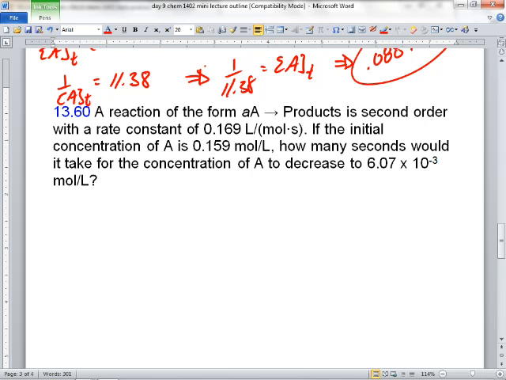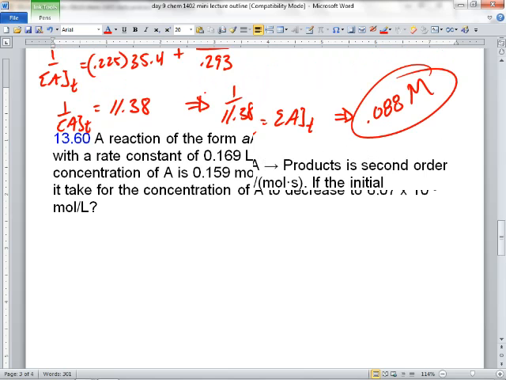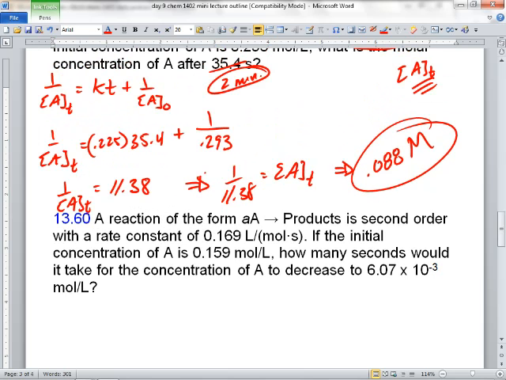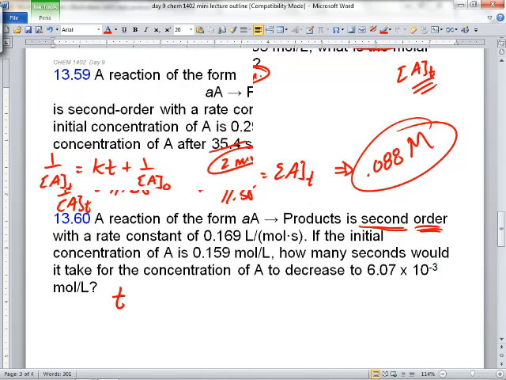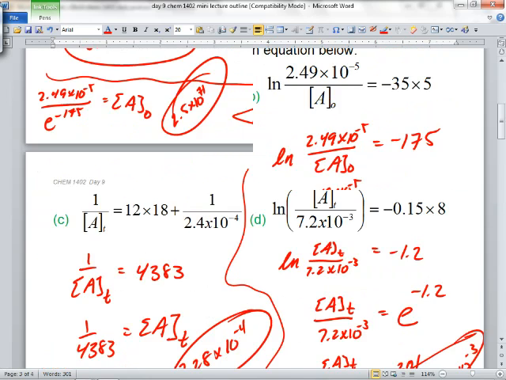Oh, they say it's second order again. Is it going to be the same equation? They don't talk about half-life in here. Well, they're after which variable? t. They're after t. Now, there's no t in that second equation.